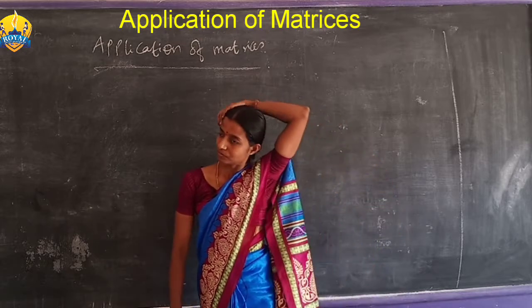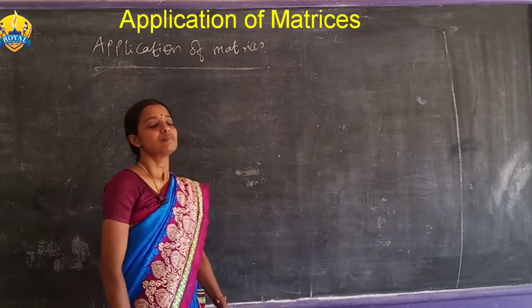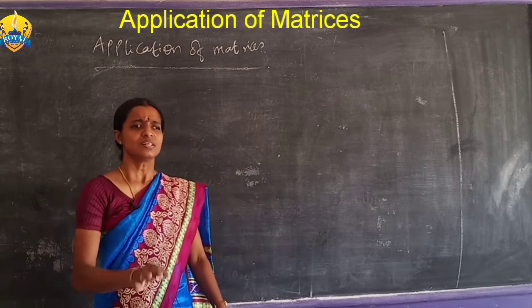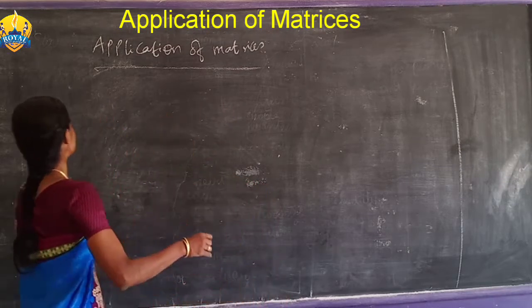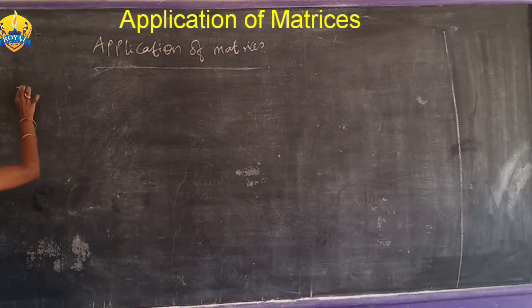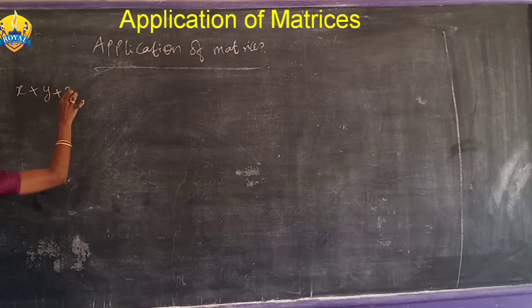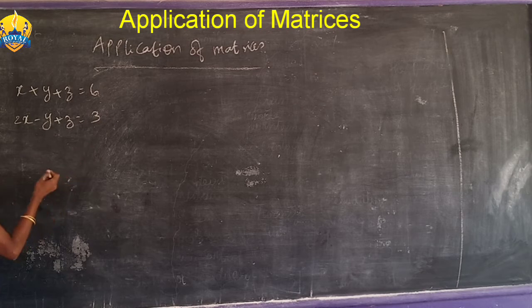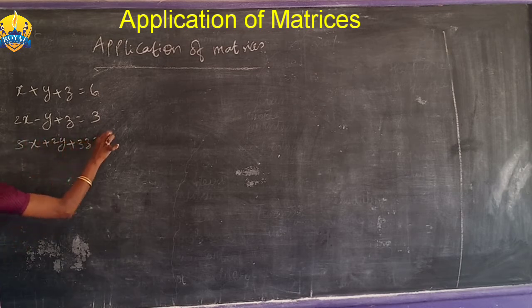Now suppose I have 3 equations, for example: x plus y plus z equal to 6; 2x minus y plus z equal to 3; 5x plus 2y plus 3z equal to 0.